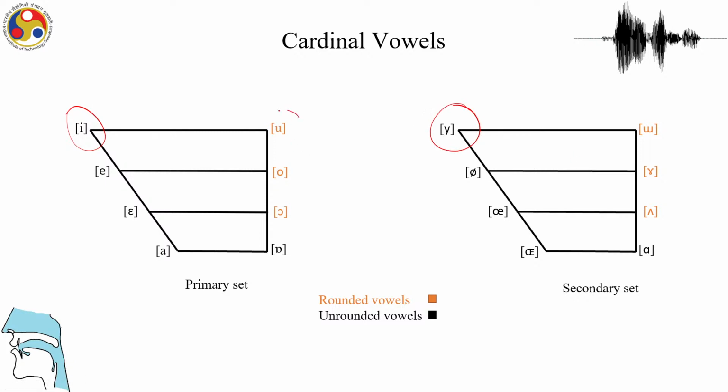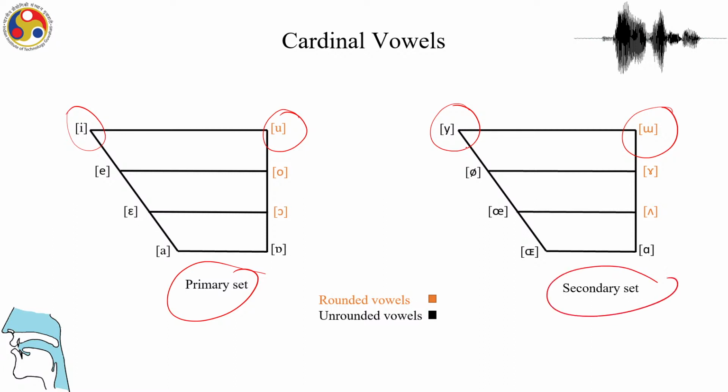And similarly for the back, we have the back rounded, and in the secondary set we have the back unrounded, and we have discussed why this is the primary set. This is a secondary set because it's more unusual to have front rounded vowels than it is to have back rounded vowels, and it's more unusual to have back unrounded vowels than to have back rounded vowels.